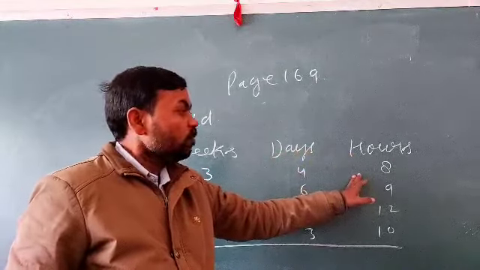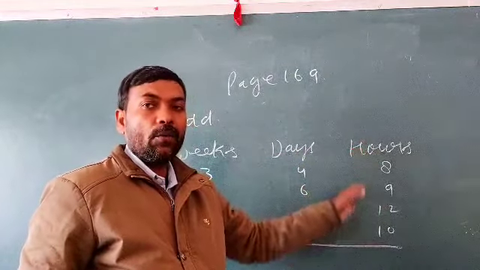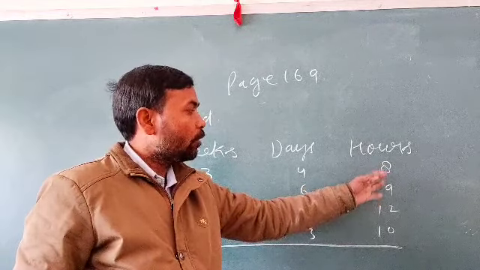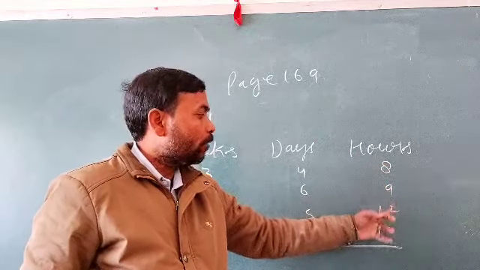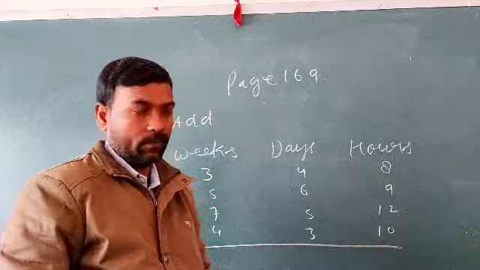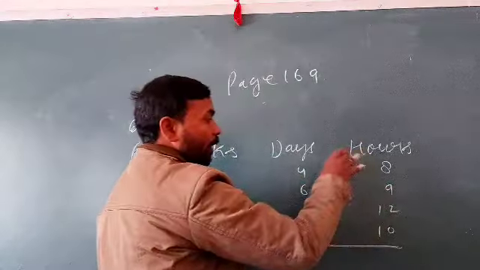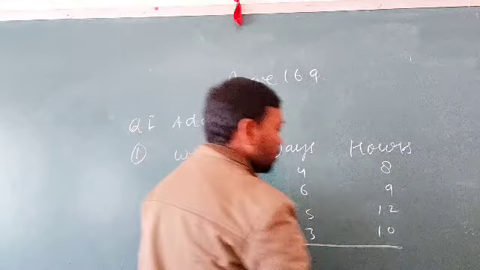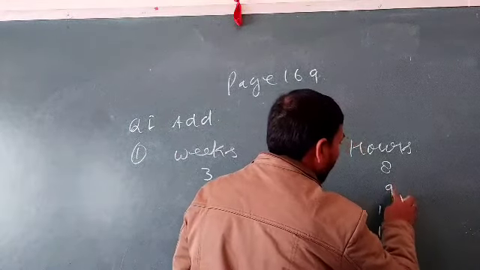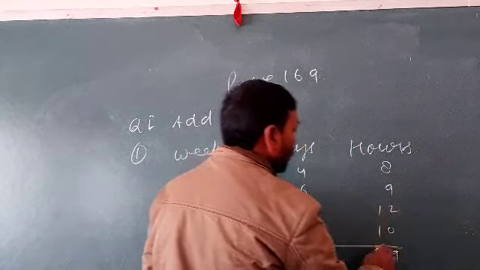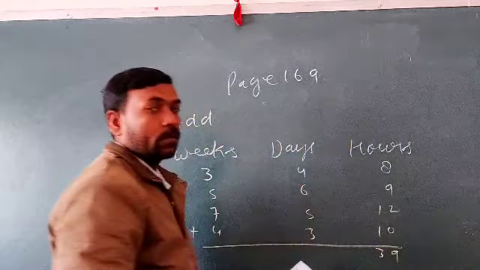Dear student, first we have to add the hours column. You have to add 8, 9, 12 and 10. If you add 8, 9, 12 and 10, this will be 9, and 17, and 2, 9. 1 carry, 1, 1, 2 and 1, 3. 39 hours.